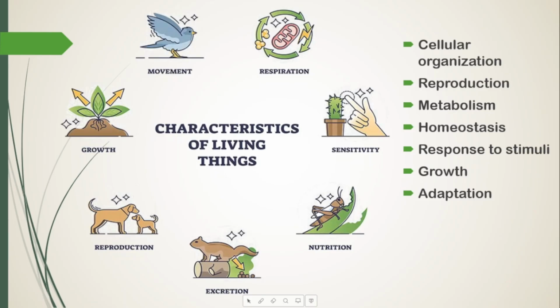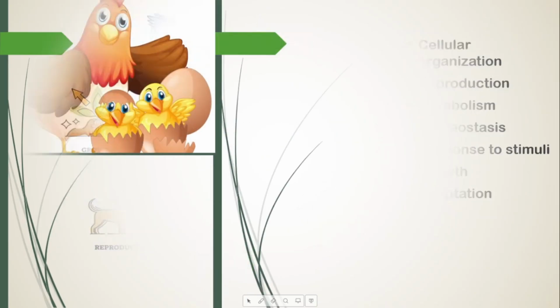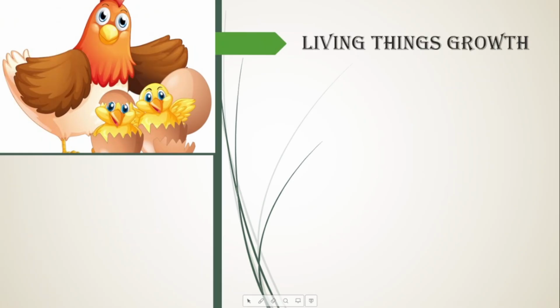So the basic characteristics of living organisms are growth, movement, respiration, sensitivity, nutrition, excretion, and reproduction. So let's study about each one of these characters that makes an organism living. The first we have, living things grow.